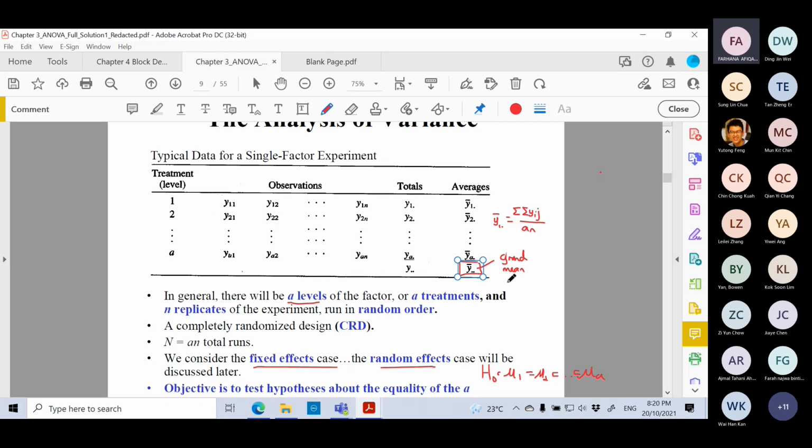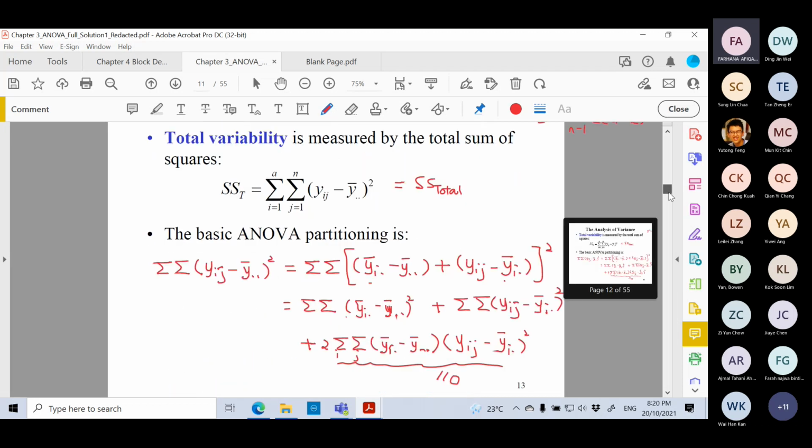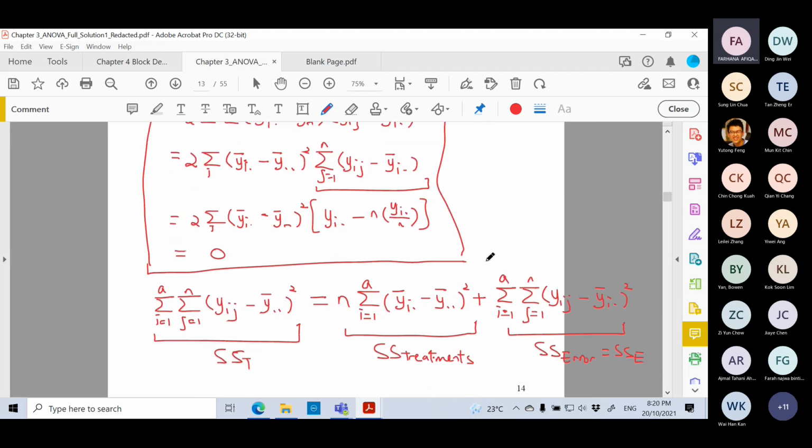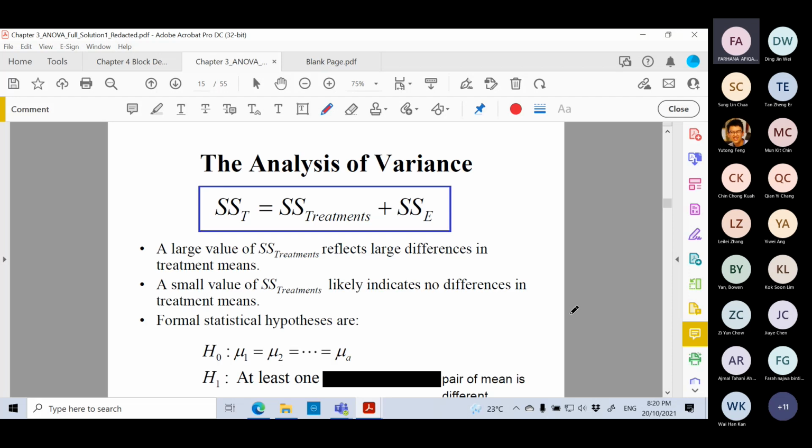Okay, so from here what we can observe is that the sum of squares for total can be broken into these two components. You can see this on this page: SST is equal to SS treatment plus SSE. The treatment means you use the mean for each level minus the overall mean.